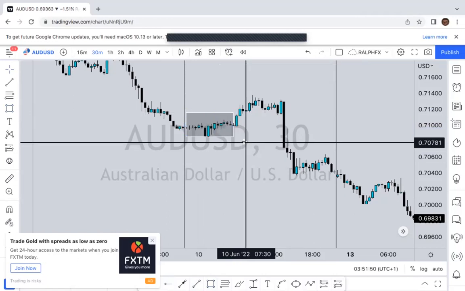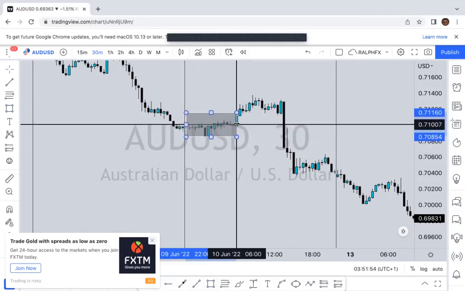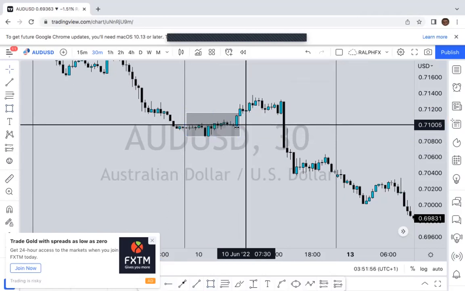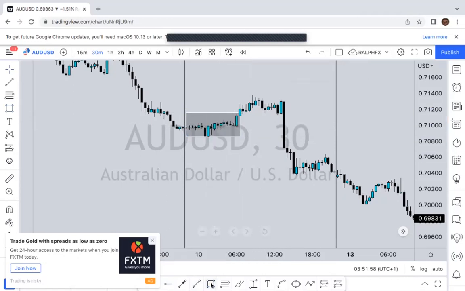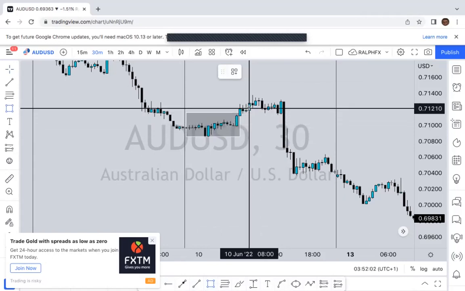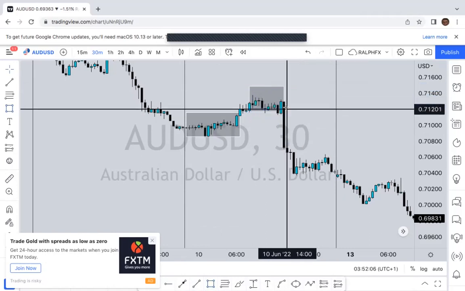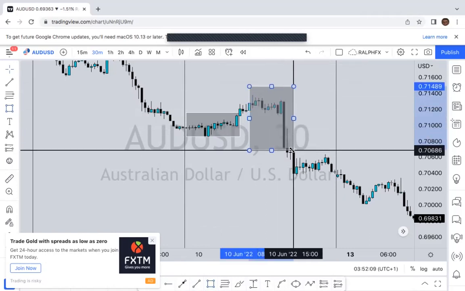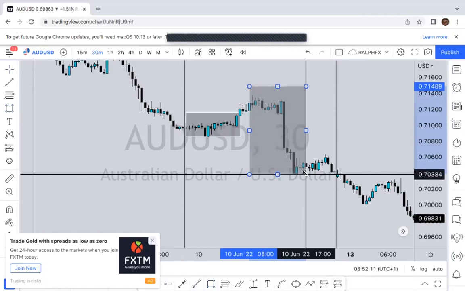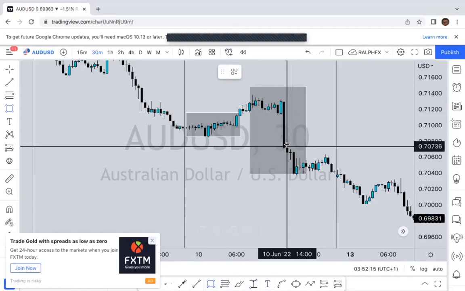In this Asian session, we had more of a range, then the London session, which is here all the way to 5 p.m. And then New York is all the way from 2.